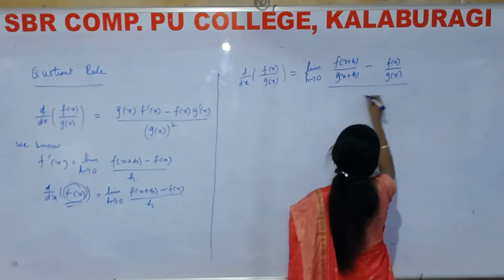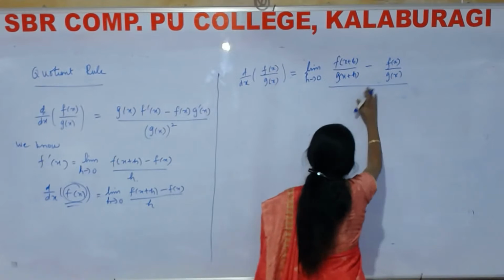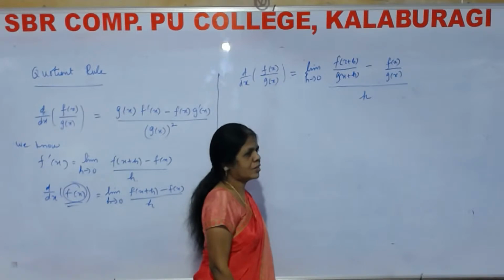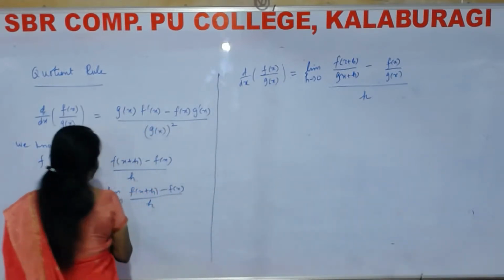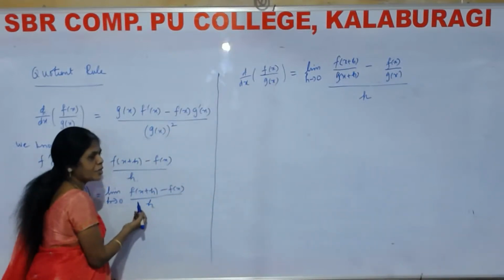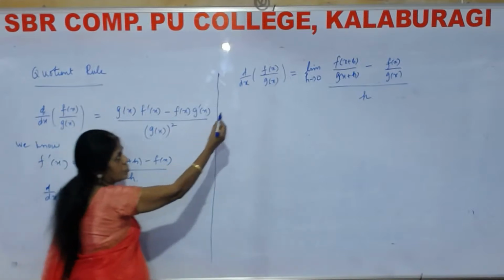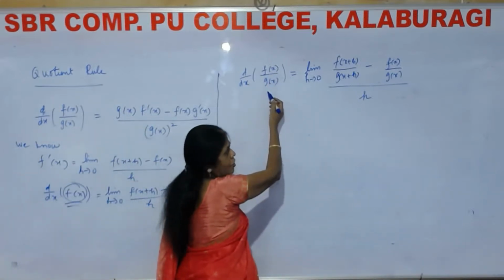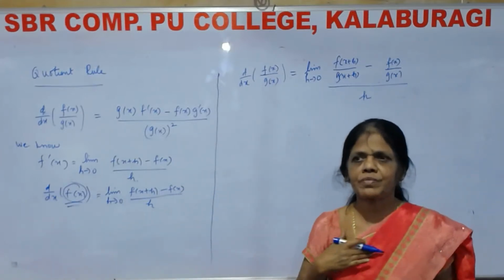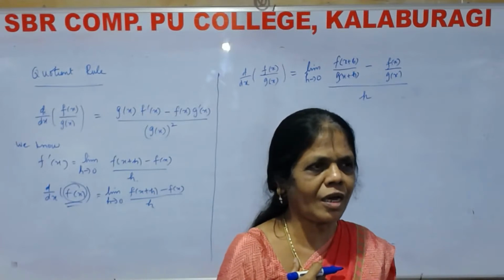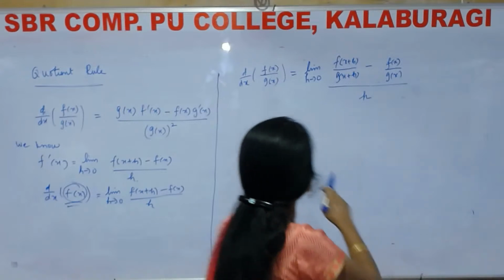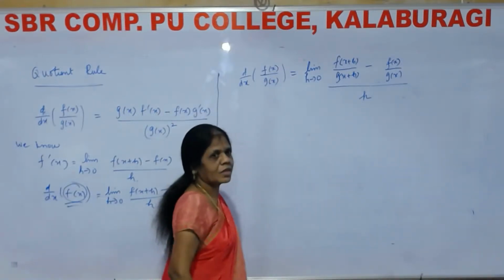Whole divided by h. In the place of f of x you are having f of x by g of x. So now here f of x plus h becomes f of x plus h by g of x plus h. Anybody having any doubt? All of you are following it? Any doubt? How will you write d by dx of f of x by g of x?